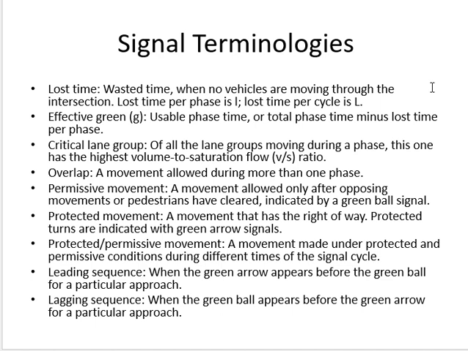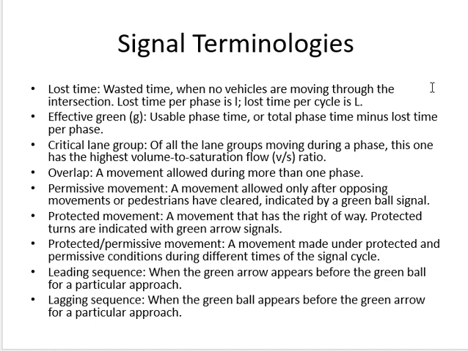So in those hours where the volume is very high, you make that movement protected. You give them a separate green phase to avoid confusion and to give them enough time. But the problem is the drivers have to know in advance when it is protected and when it is permissive. That's an issue with this.